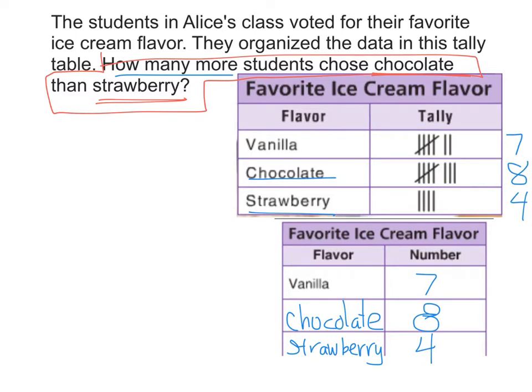And those numbers would be, well, 8 students chose chocolate as their favorite, and 4 students chose strawberry as their favorite. And the difference between 8 and 4 equals 4.